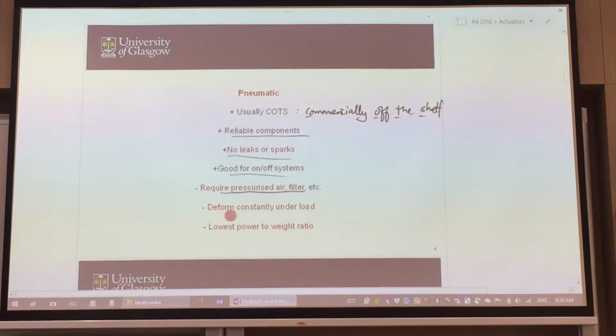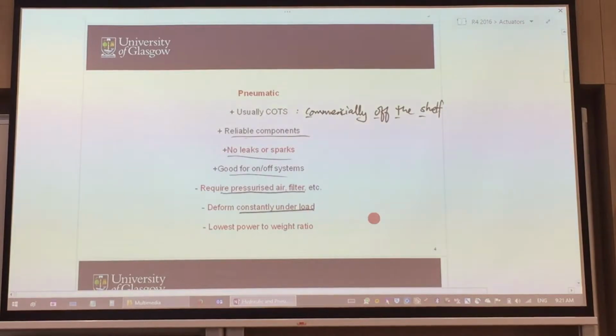So even though pneumatics uses compressed air, it actually deforms under load because you can keep compressing that air. It's just the amount of pressure that you use. That amount of pressure comes about from the amount of load that you have. So the larger the load, the larger the pressure it has to overcome.